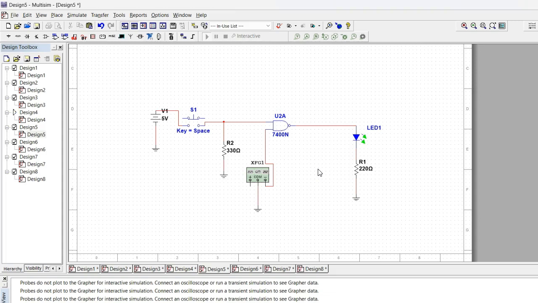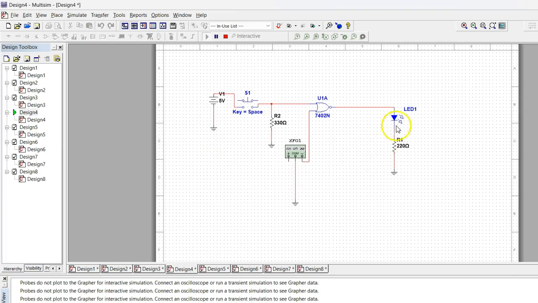So now we have the function generator here. The input is 1 or 0. So if I don't push the button, let us check it.